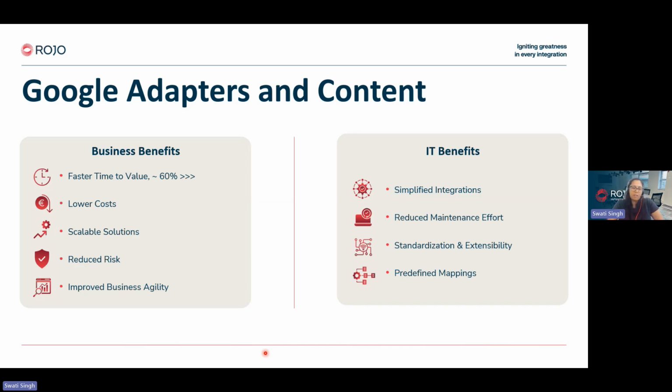You can always read the technical documentation and do things through it. What benefits would an adapter or related content bring? From a business benefits perspective, it is faster time to value. A lot of times, if you have the content or the adapter readily available, being able to use it quickly without knowing a lot of technical details in the background is something you can really rely on when you have the adapter.